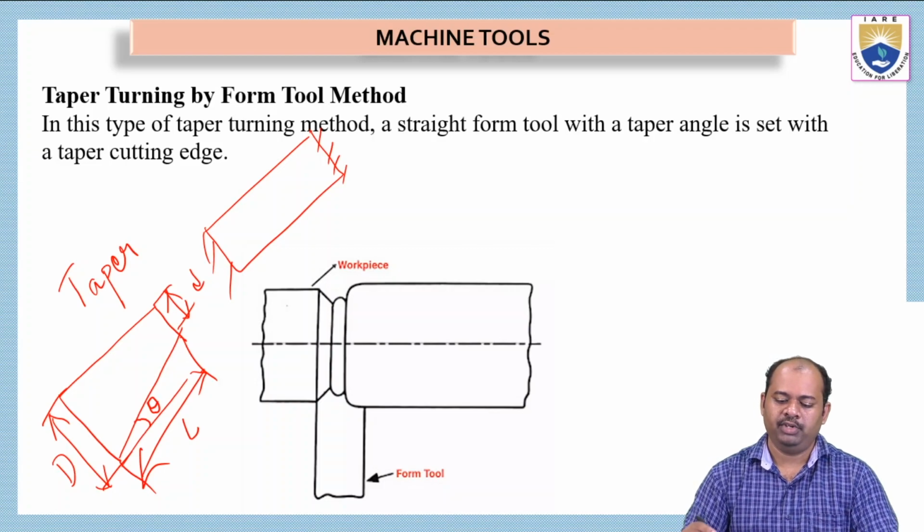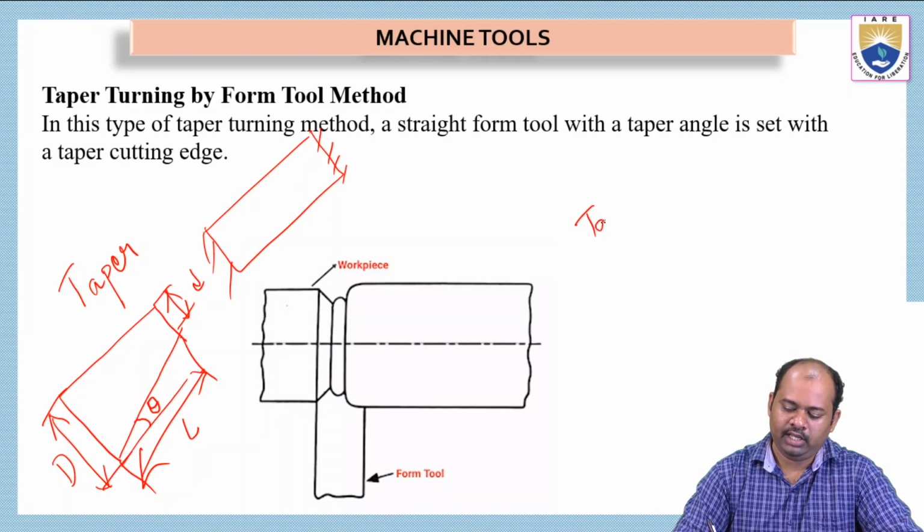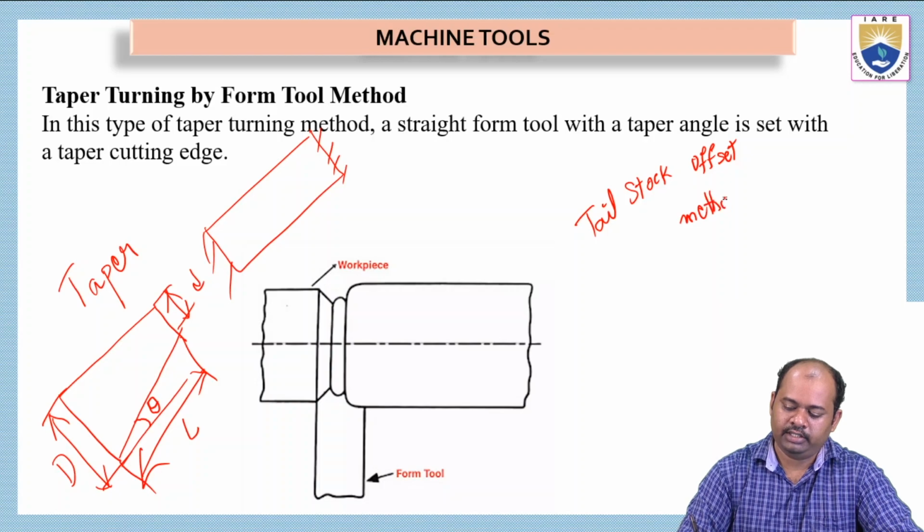So in the previous lectures we have seen two processes. First one is tailstock offset method, and second one is compound rest swiveling method.